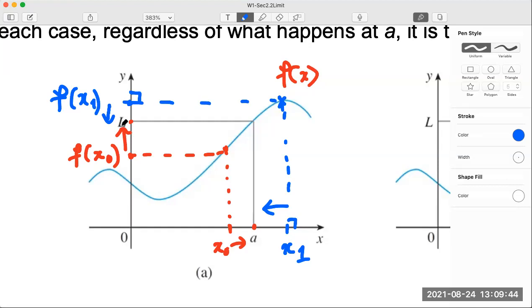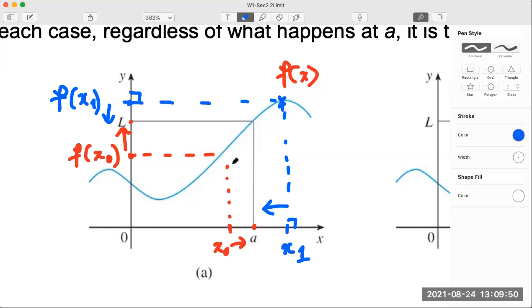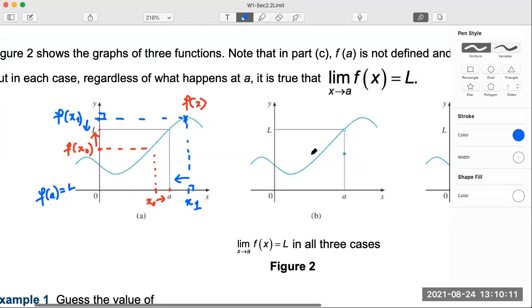And one more thing, very important. Here, at this point, the line is a solid line. So this implies that f of a is equal to L in this case. However, in the graph on the right-hand side, there's a hole right here.